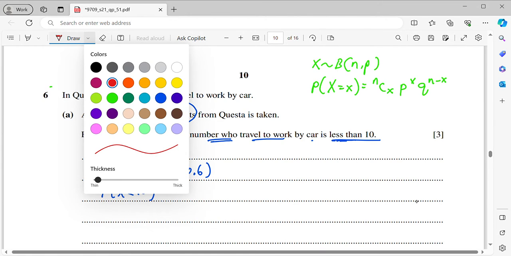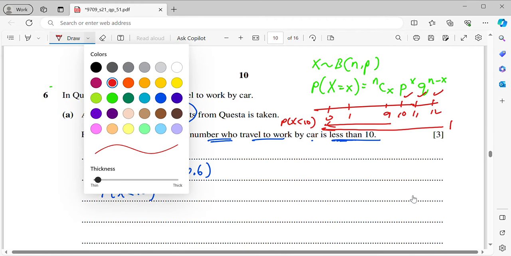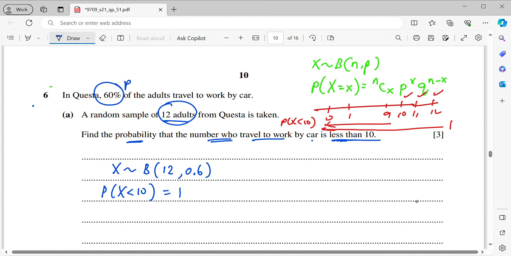Therefore, instead of calculating X equals 0, 1 until 9, I would use total 1 minus 10, 11, and 12. That will be less than 10. So I'm using this concept now. So it will be 1 minus P(X=10) plus P(X=11) plus P(X=12).